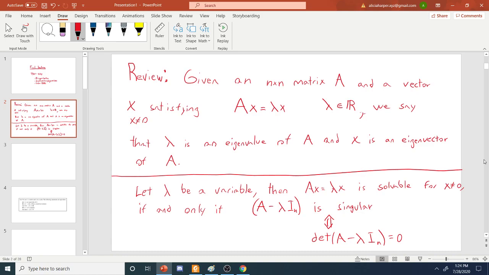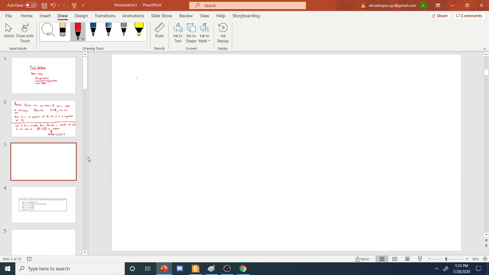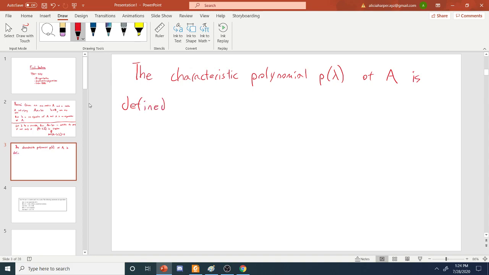So what we do is we define the characteristic polynomial p lambda of A to be the determinant of A minus lambda times In.